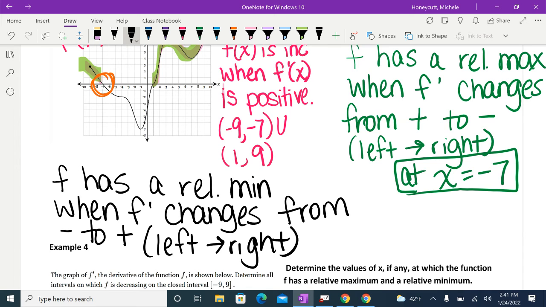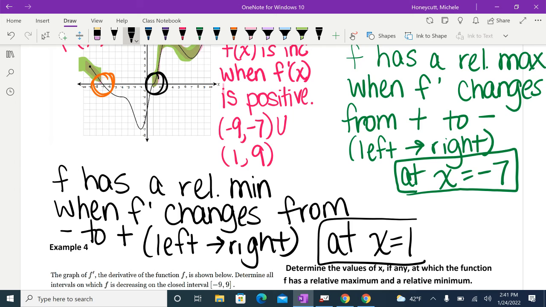And so I'll see that that happens at, let's see, at x equals -1. No, at x equals +1. So we just found the location of our relative extrema.